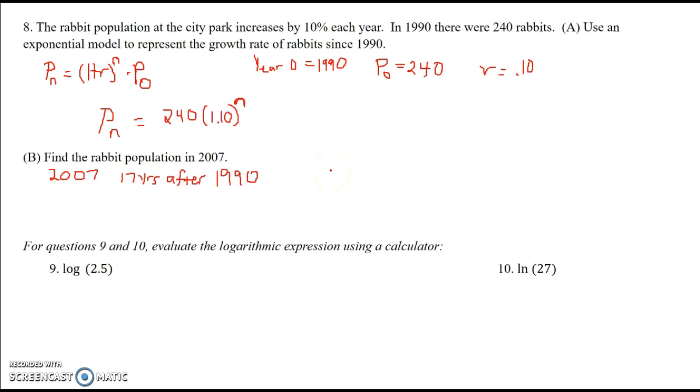And the way that I found that is I just took 2007 and subtracted 1990, and I got 17. So I'm going to try to find P sub 17.